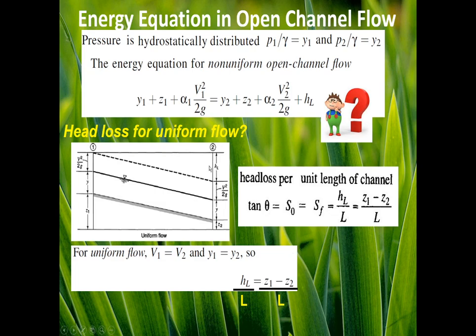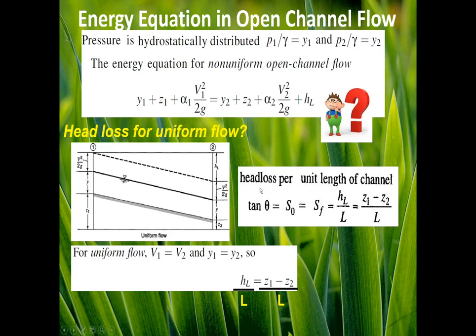Okay, and if you come back to the figure and look at the value of HL over L, which is over the distance between 1 and 2, it gives you this theta, yes? This is the angle of inclination of the energy grade line, which is also equal to the angle of inclination of the channel bed, which we already denoted with S0, and for this case SF.